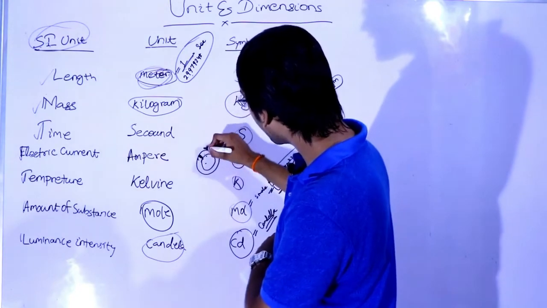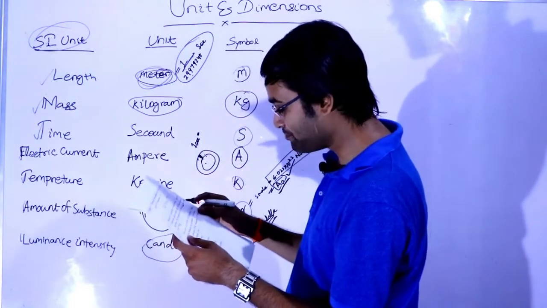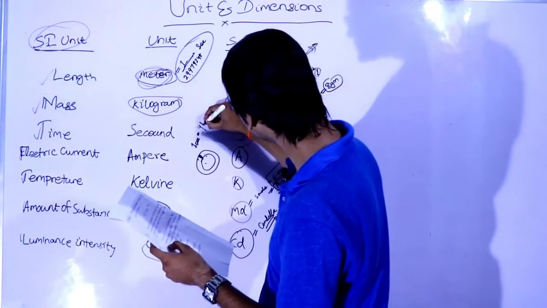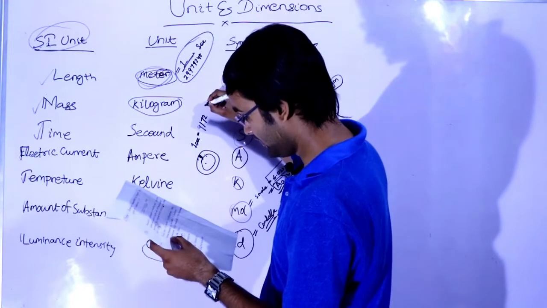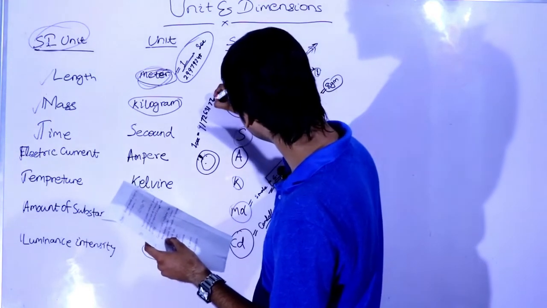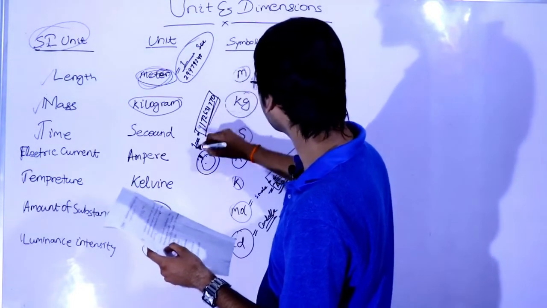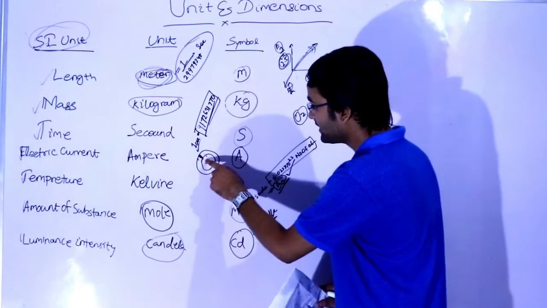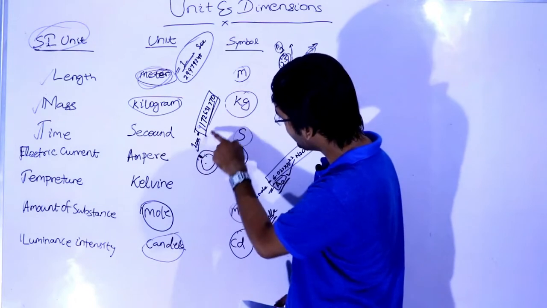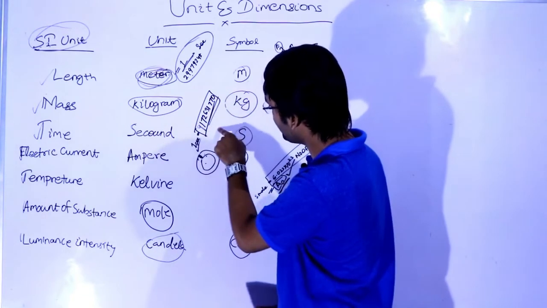Electron oscillates in between, and 1 second is equal to 9,192,631,770 oscillations. Meaning the electron will oscillate in between, and 1 second is the time when this electron completes this number of oscillations.